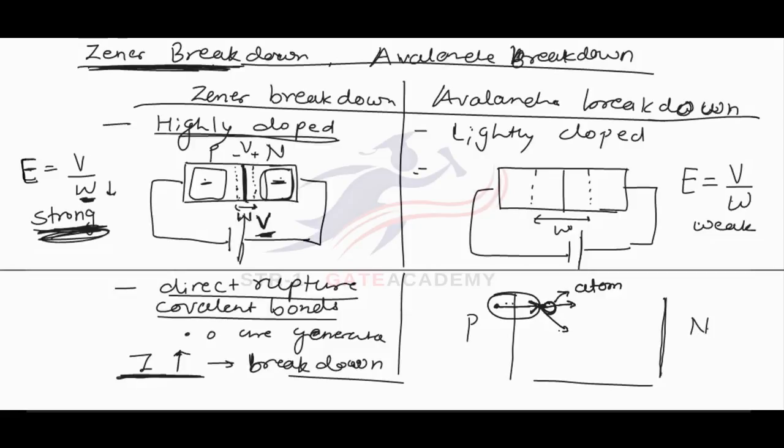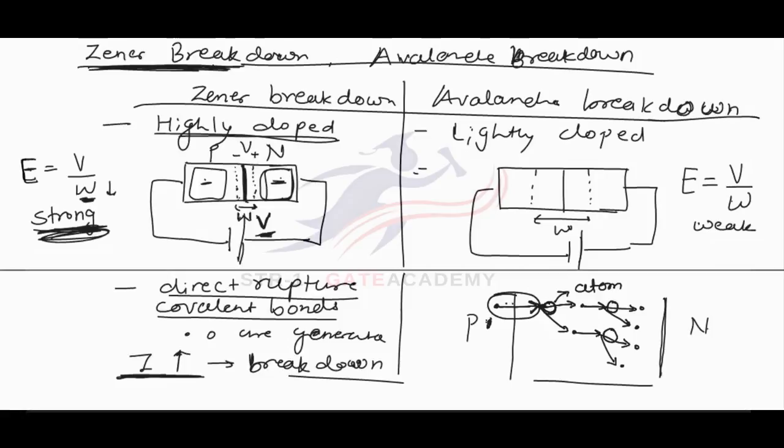and if heat is sufficient, then more number of bonds will be broken, that is charge carriers will be generated, and these charge carriers will start moving under the effect of applied voltage, and if these two electrons collide with other atoms, then more electrons will be generated.